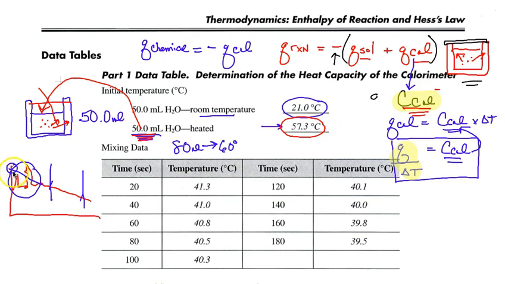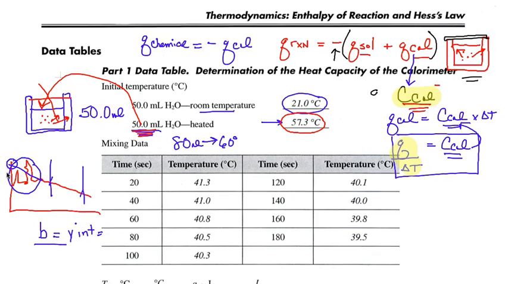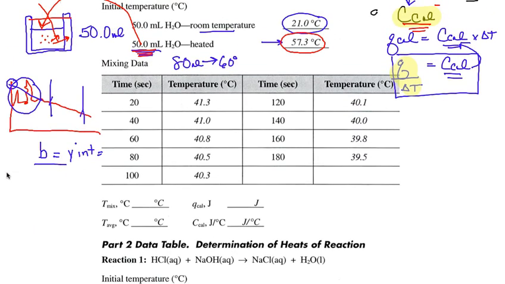And when we find the y-intercept, that is our value for the instantaneous temperature. And we can do that with strong conviction.